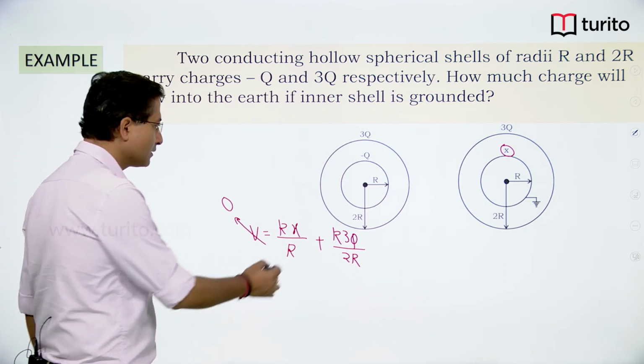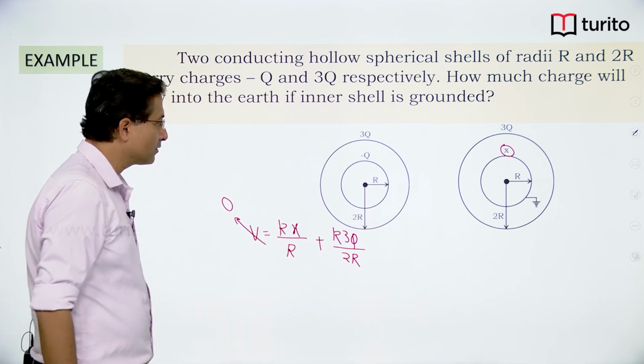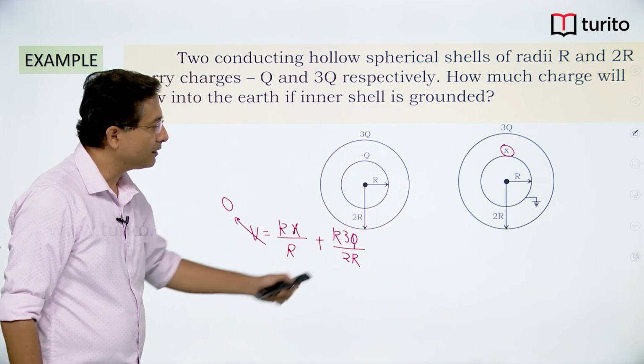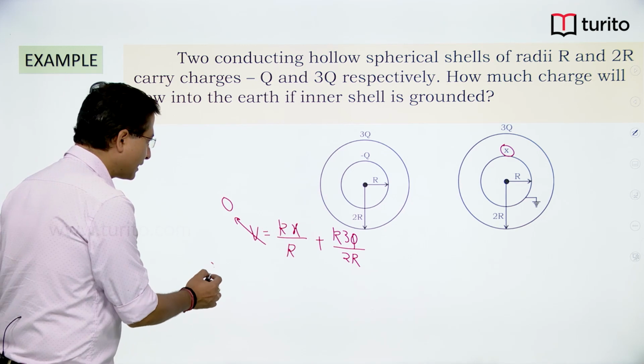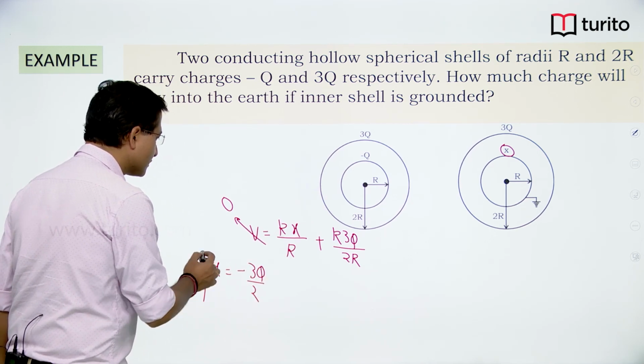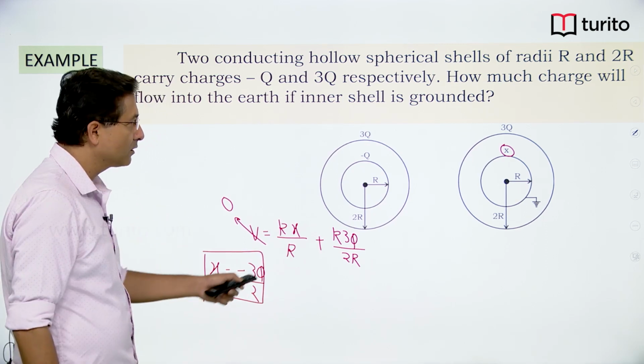So, you can see this r will get cancelled out, k will get cancelled out, and the value of x we are getting is 3q by 2.